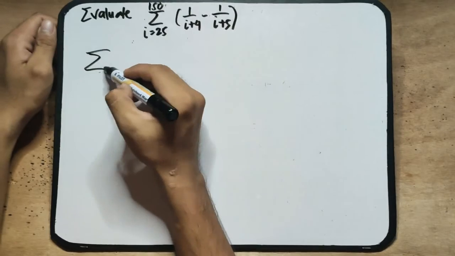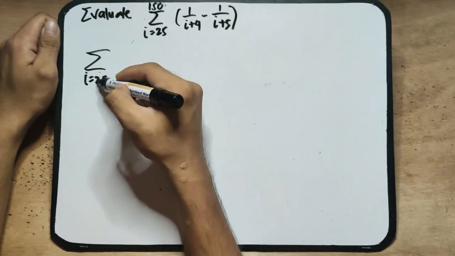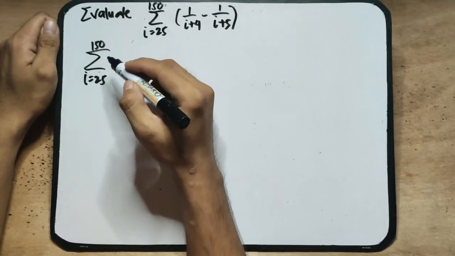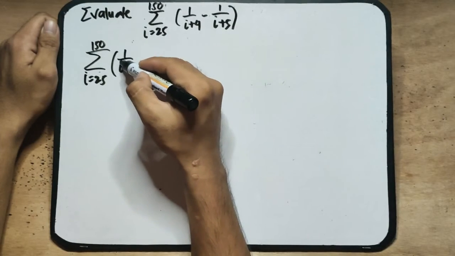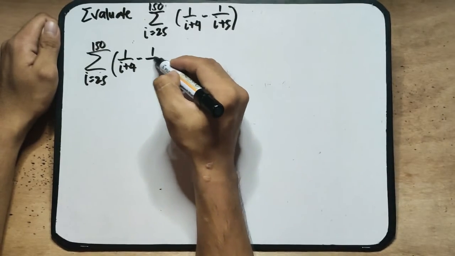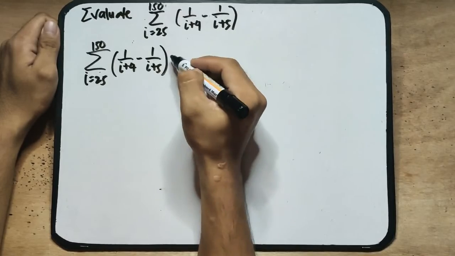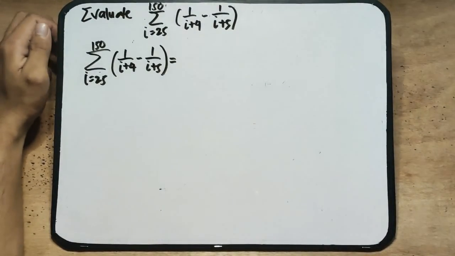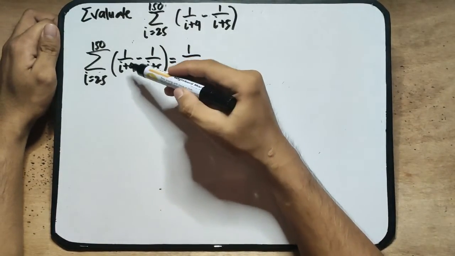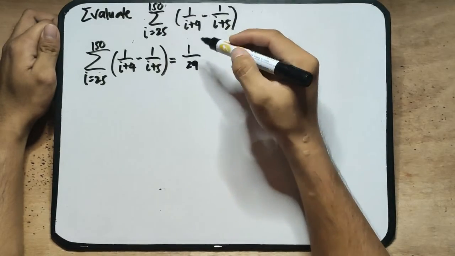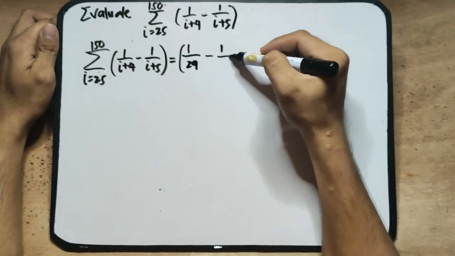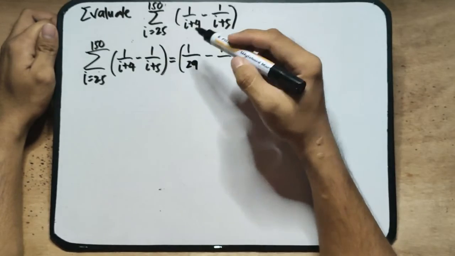So, let's try to expand it. The 1 all over I plus 4 minus 1 all over I plus 5. If I is 25, then we have 1 all over 25 plus 4 is 29, and then 25 plus 5 is 30.